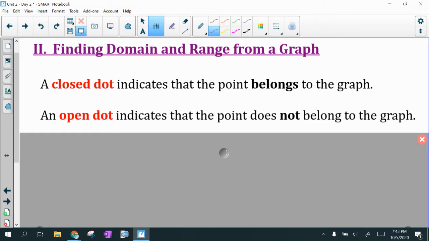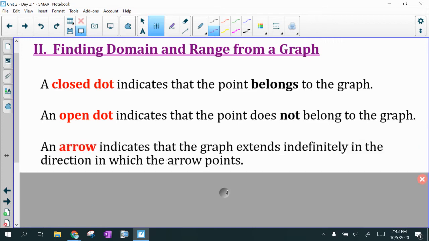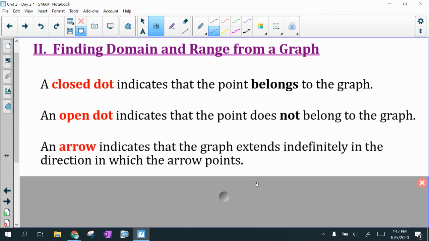And if I have an arrow, that indicates the graph extends infinitely far in whichever direction the arrow is pointing. Once again, please copy that down. Pause this if you need to.